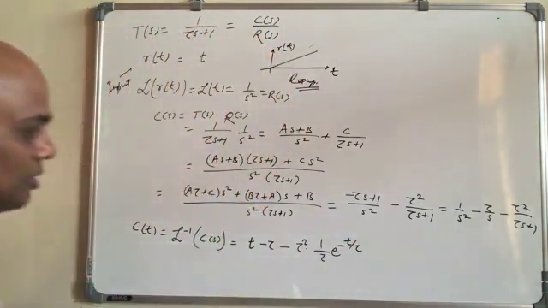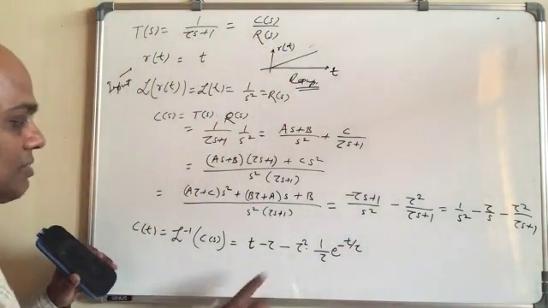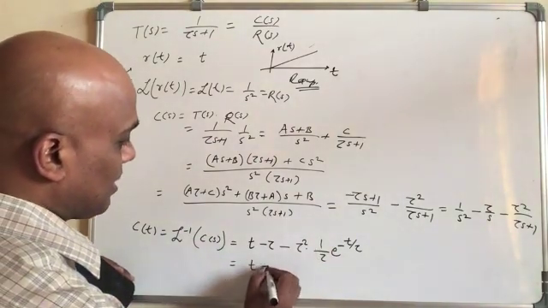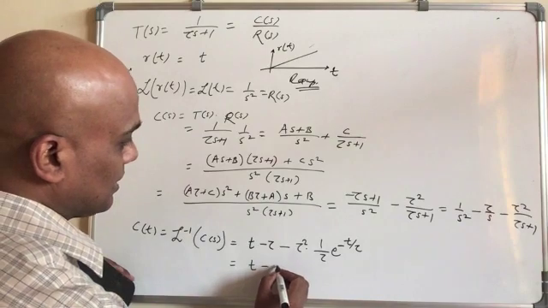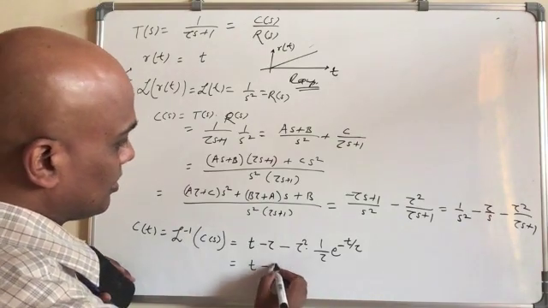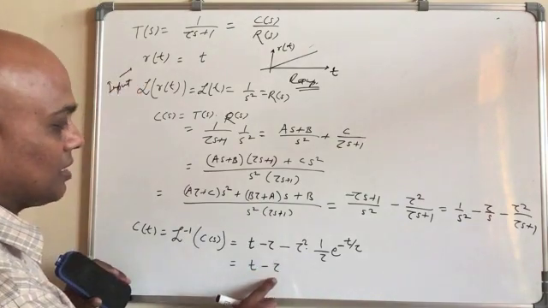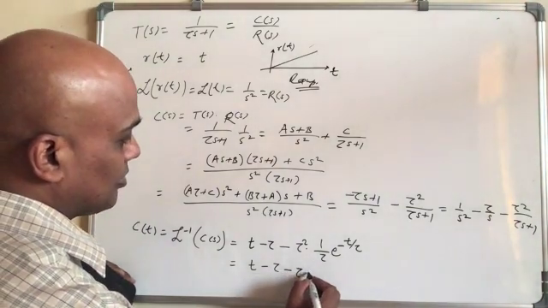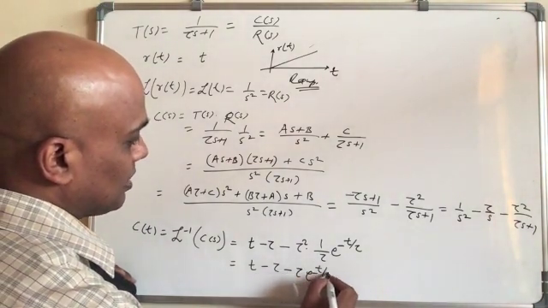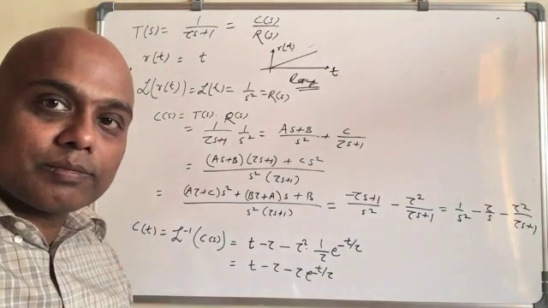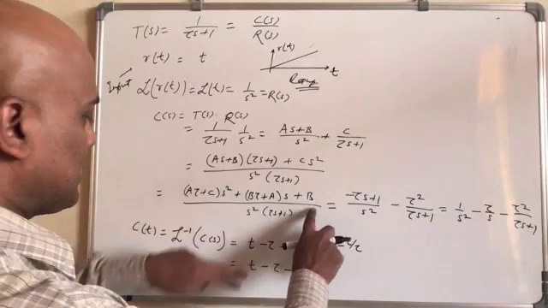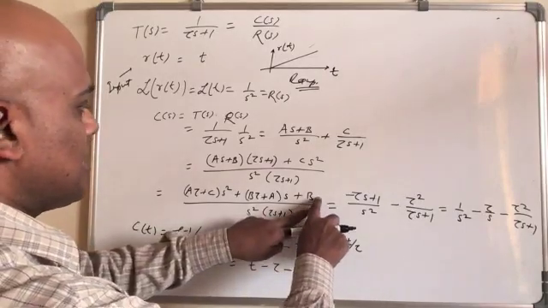We get t minus tau minus tau e to the power minus t over tau. Okay, there is something wrong here, so let us see.